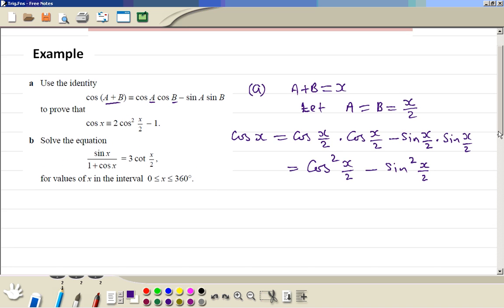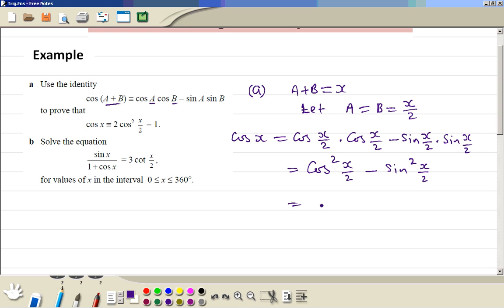Then remember the identity: cosine squared plus sine squared is always equal to 1. So instead of sine squared x over 2, write here 1 minus cosine squared x over 2.